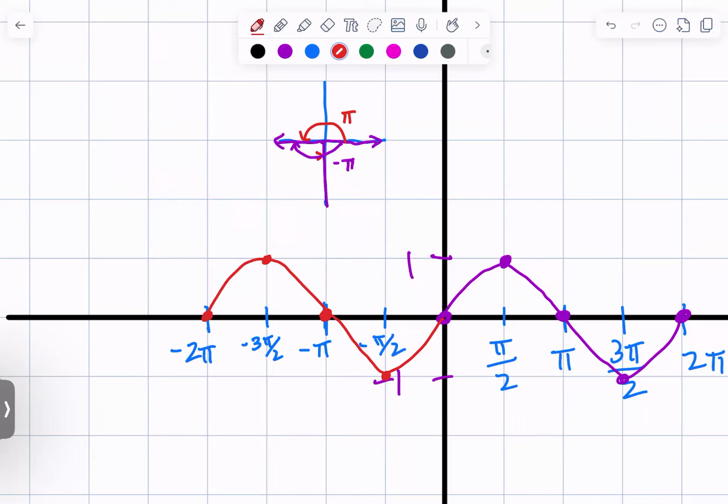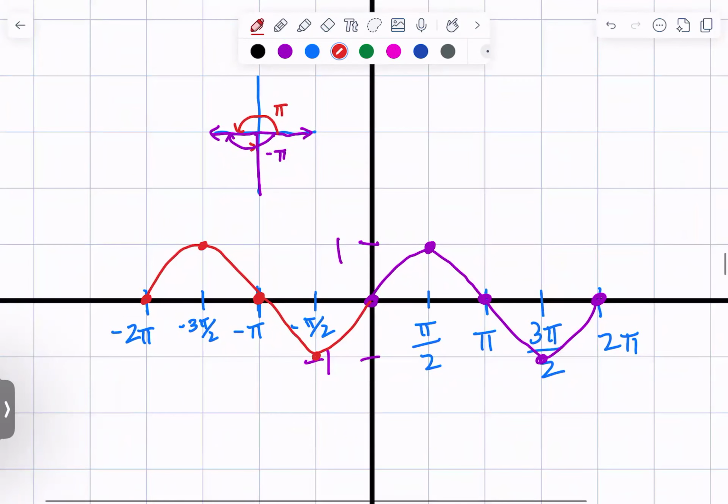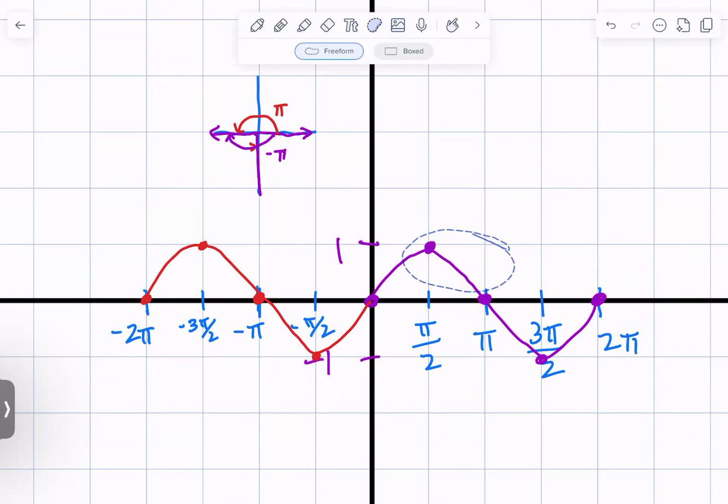Okay. And notice that the sine function is odd, because if you take the purple graph, and you flip it around, it will be exactly the same as this one. If you rotate it around the origin 180 degrees, it will be the same as that one.